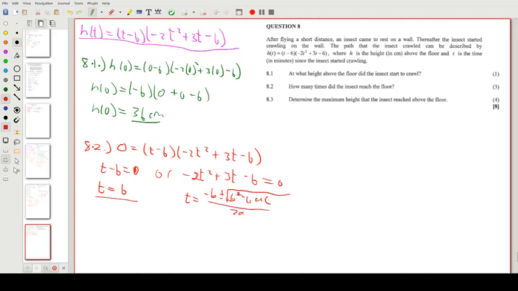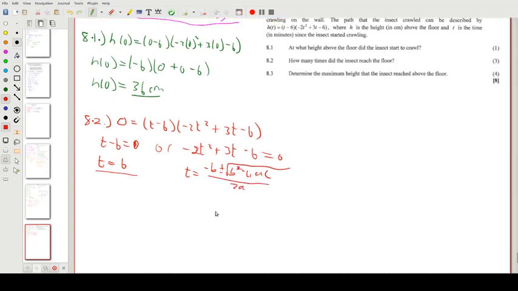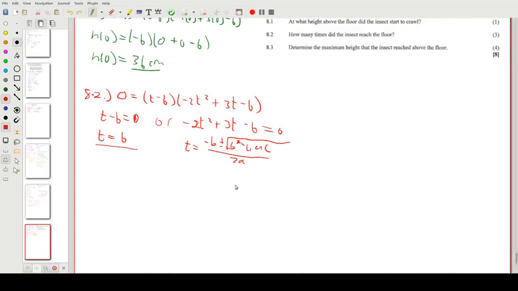And now what we see here is there's a problem, because what is the b squared minus 4ac? Let's do this part first. B squared minus 4ac. So b is that, that's a, and that is c.